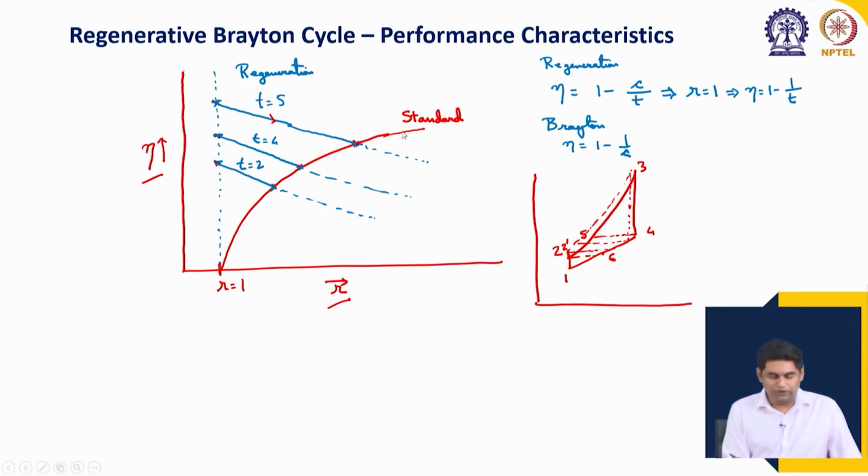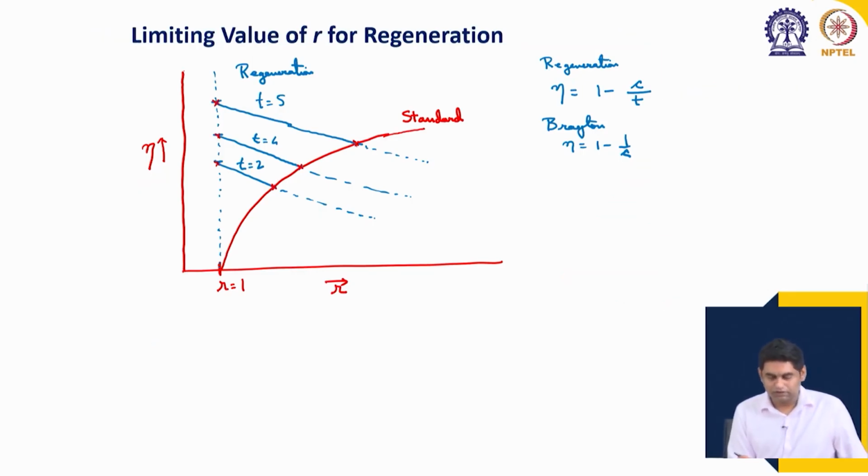For that we can equate the two efficiencies. Let us say that for a particular value of R, the efficiencies are equal. Again the same drawing we have here. So, let us say that for some value of R, the efficiencies are equal for the regeneration cycle and the standard Brayton cycle.